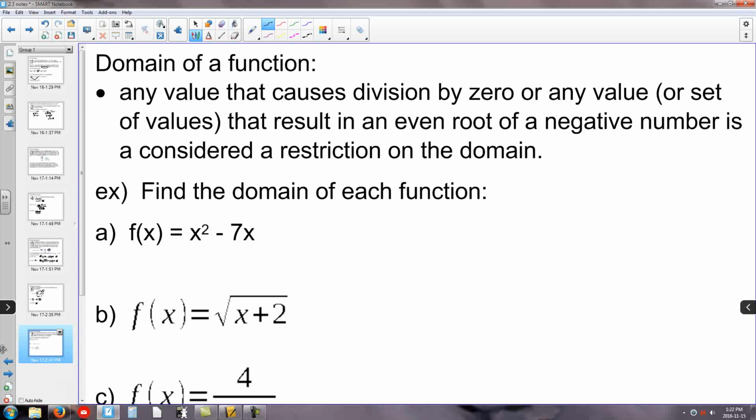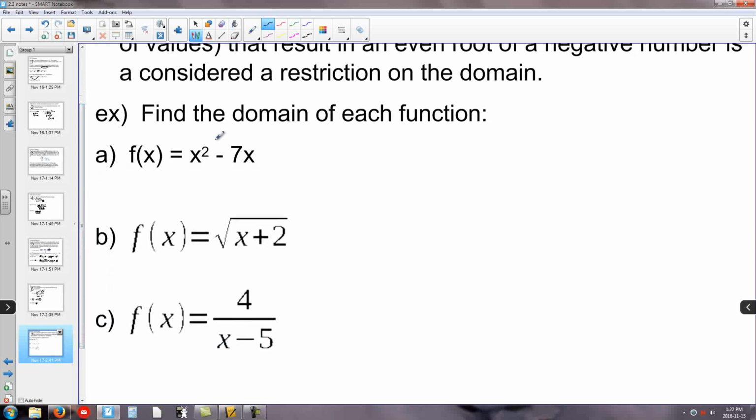So, we're going to find the domain for all of these. The first question, is there a square root in function a? No. Is there a denominator with x in it? No. So, the domain is all real numbers. This is the symbol for all real numbers.